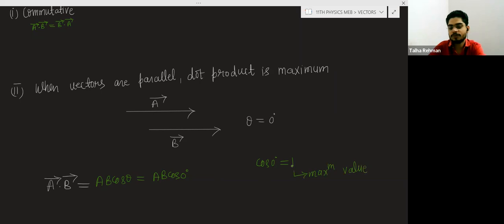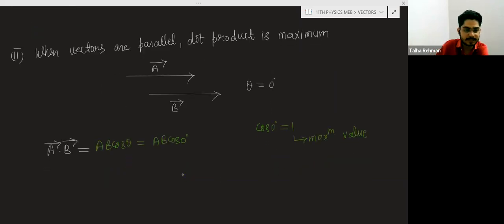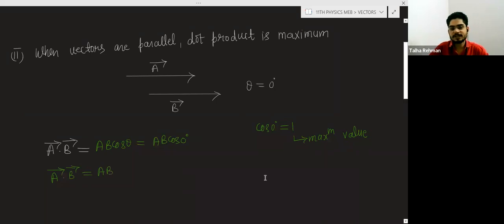We already know the maximum value of cos is 1. So finally you will get the maximum value of the dot product, that is AB. If you change the angle, suppose theta is 60 degrees, then A dot B, with the angle between A and B being 60 degrees, you will write AB cos 60.